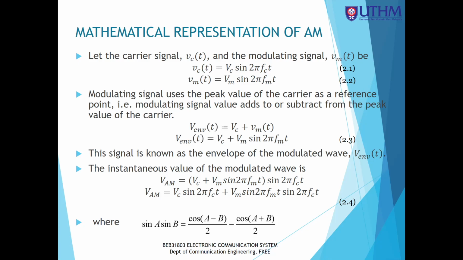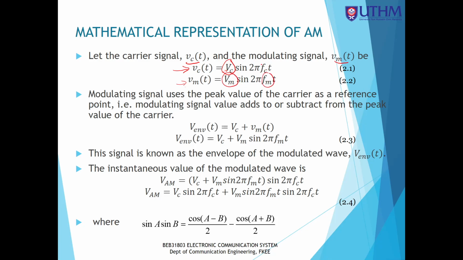Let the carrier signal be assigned as v_c(t). So v_c(t) is for the carrier, and v_m(t) is for the input message or the modulating signal. The carrier function v_c(t) is equal to V_c sin(2π f_c t), where V_c is the peak amplitude.